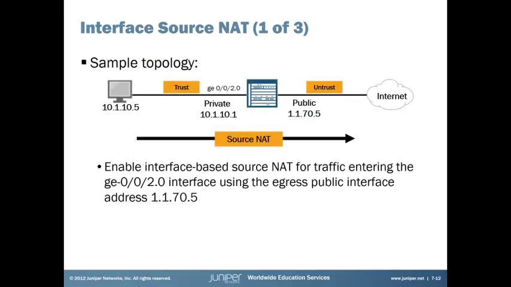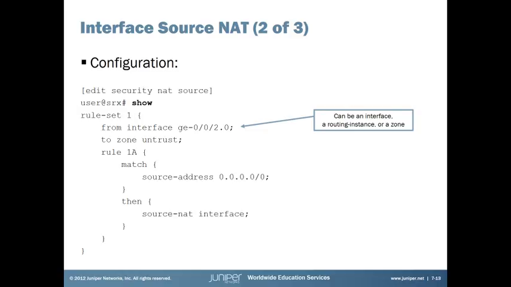Let's come over to our diagram here. What we're looking at is this interface, whatever this interface is, that's got 1.1.70.5 configured on it. That's the interface that we are referring to where we say then source NAT interface.